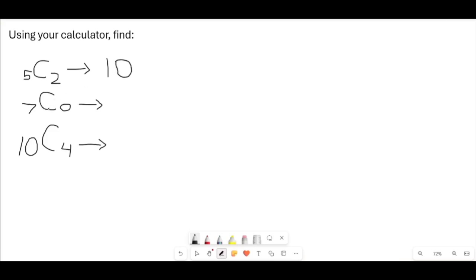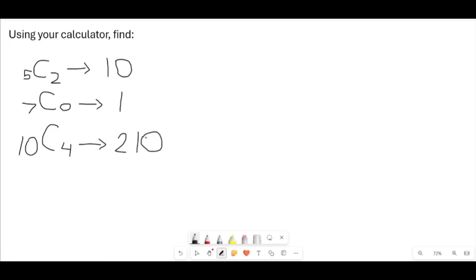This one you're not even going to need a calculator for because little trick here, anything choose 0, even 0 choose 0, is just 1. Okay? And 10 choose 4, put that into your calculator, it should come back with 210. So I would say that's probably the easiest question you're going to get in this topic, but it only gets harder from here.